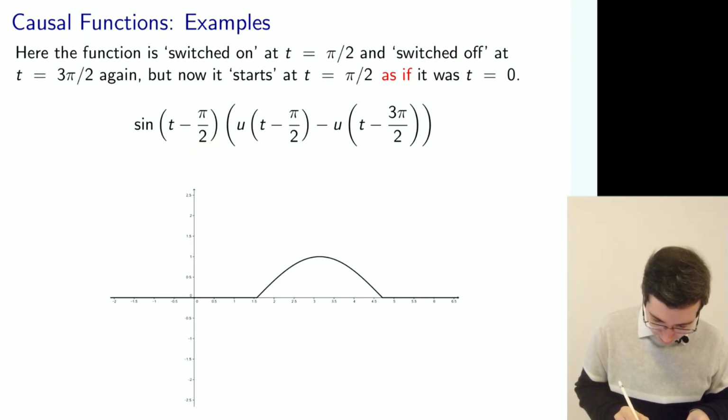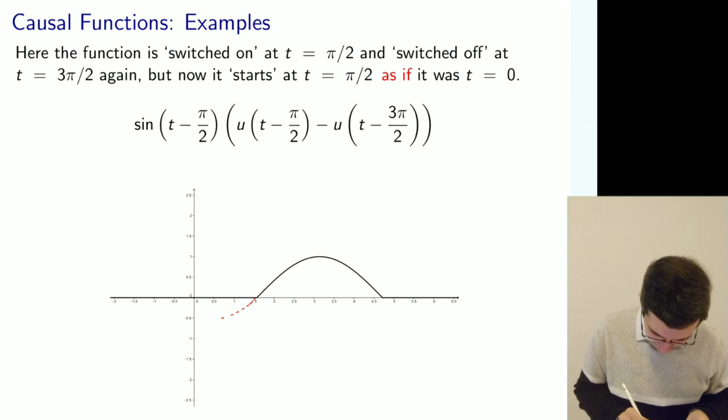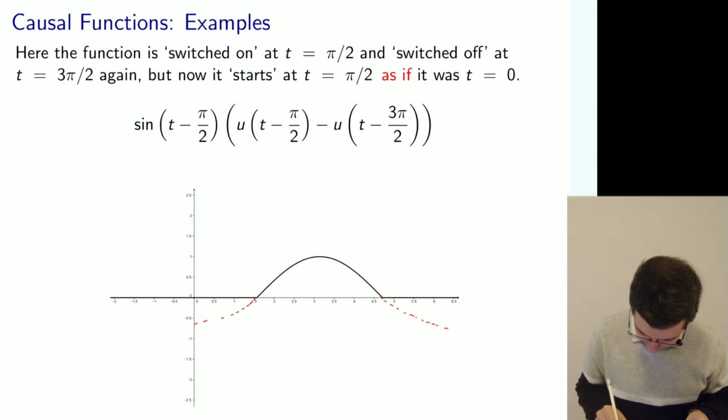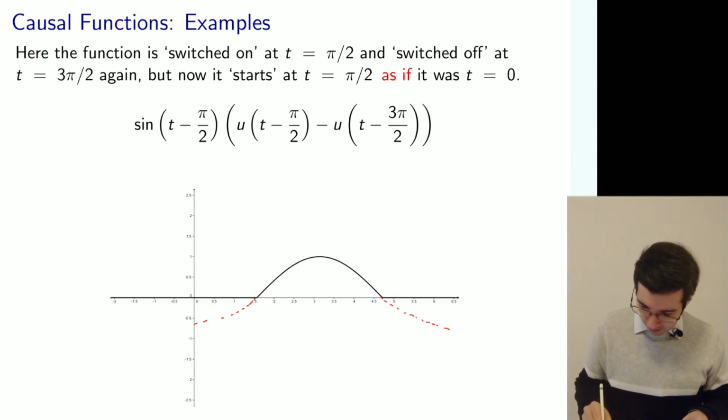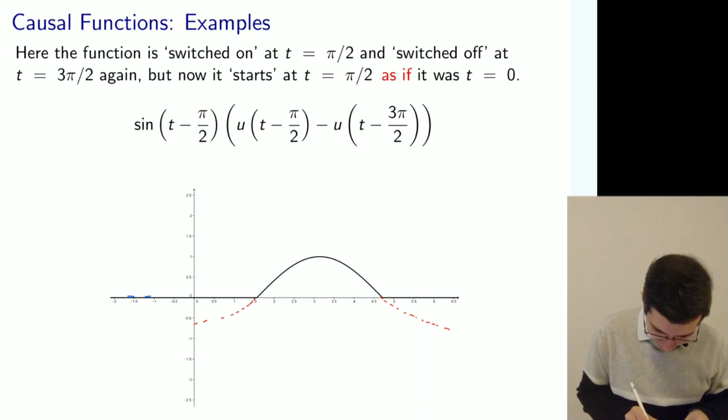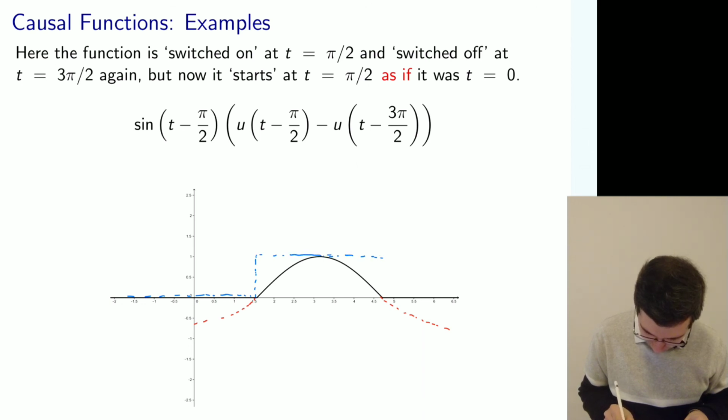And then you see that you had this sine which is shifted, and therefore then you apply the unit step function, which again selects only a window between these two times.